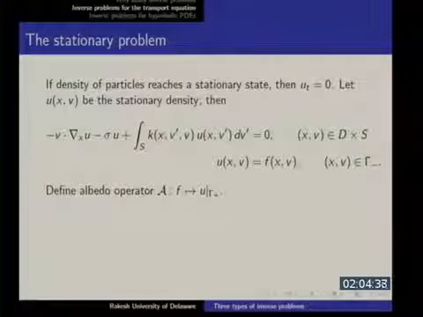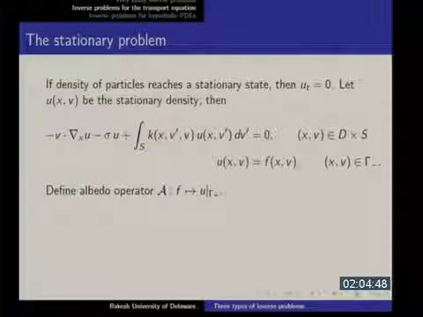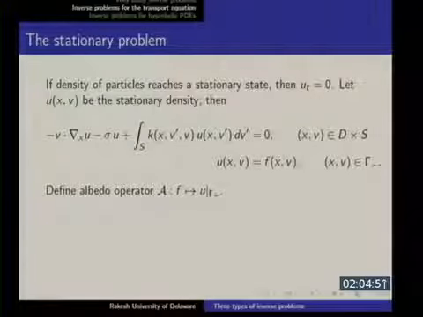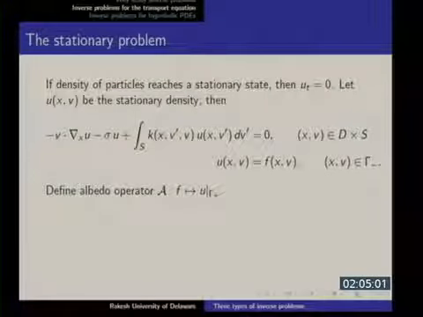You need to impose a little bit of condition because, you know, to reach a steady state, you have particles coming in, particles leaving. They may not reach a steady state. So you need to impose a few conditions on sigma and k so that it reaches a steady state. Okay? And the conditions are not very strong. I mean, something about the norms or something and so on. Okay? So if you read the review paper, the conditions are given there, which guarantee that this will have a solution. Okay? So I'm not focusing on that aspect.